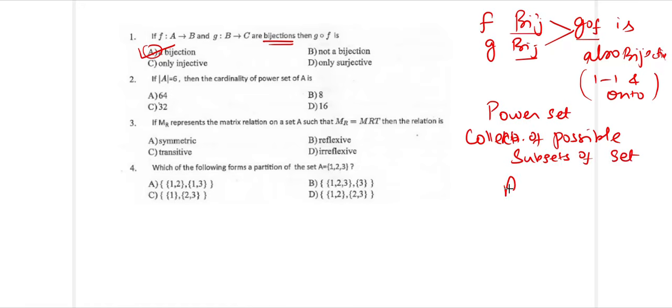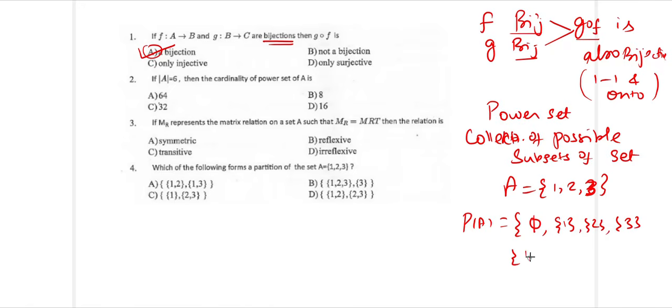So suppose your A contains 1, 2 and 3. Then your power set of A can contain no element at a time, it can contain one element at a time, it can contain 2 elements at a time, and it can contain all the 3 elements 1, 2, 3 at a time.